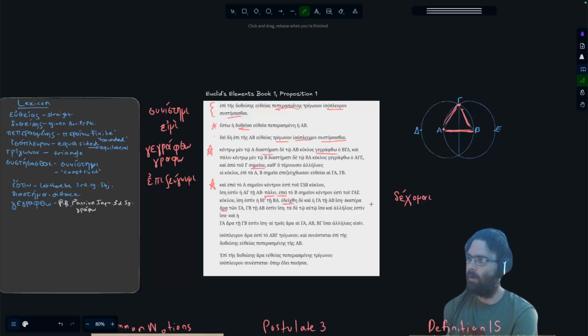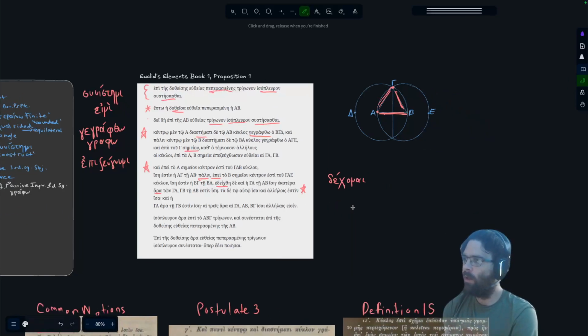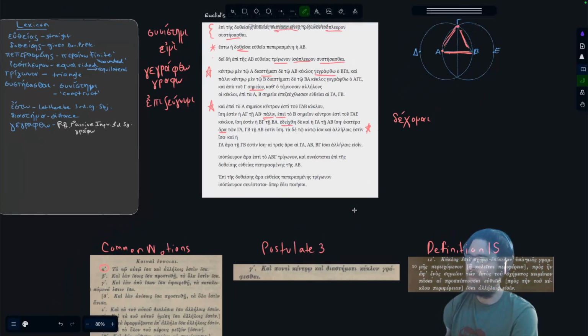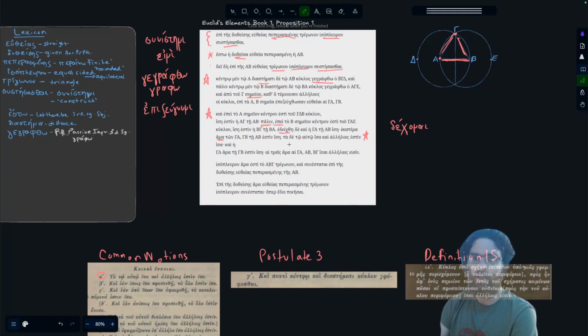And then we have our presumptive conclusion here from common notion 1, which I've just linked down here, but we also have it repeated here. Ta de to auto isa, kai alelois estin isa. So literally, the things to themselves being equal to one another are equal.